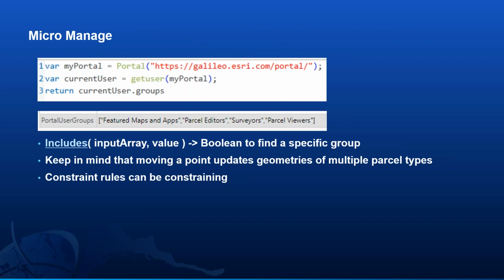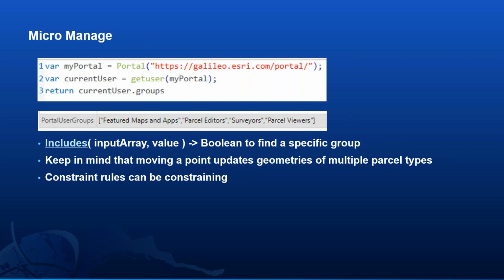Another capability that came in 2.7 is the ability to micromanage, I call that. So you have access to your portal. In this case, this is the portal I'm working on, and you can get the current user by using a new method called getUser. However you are logged in, you can get to that user, and you can get to the user's name and email and so forth.